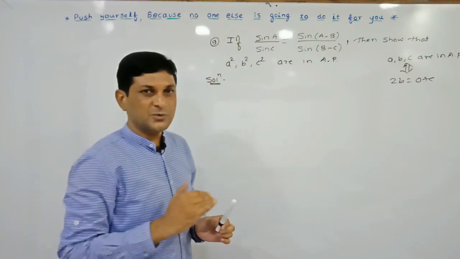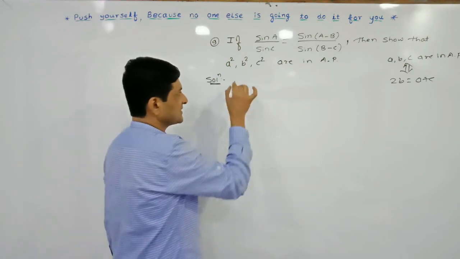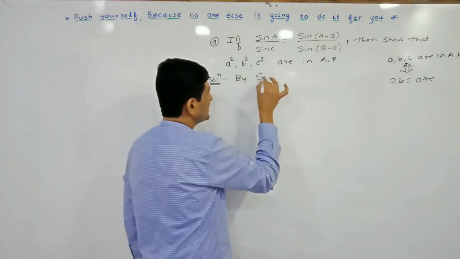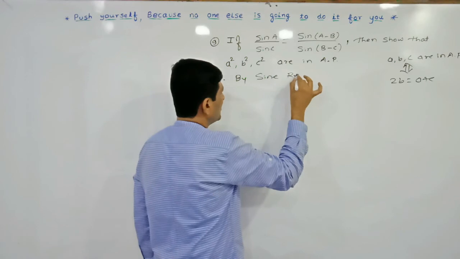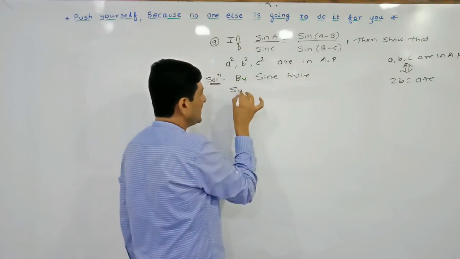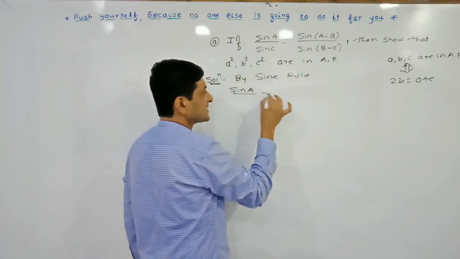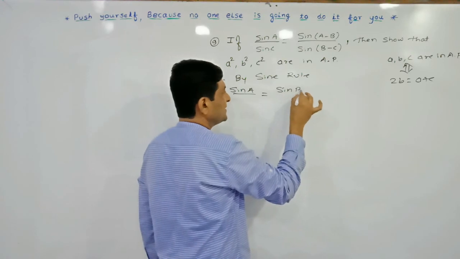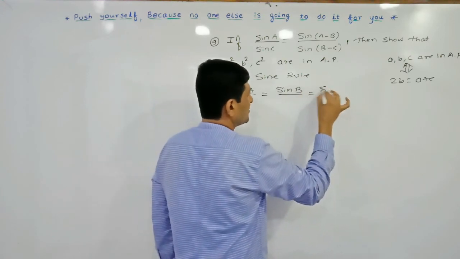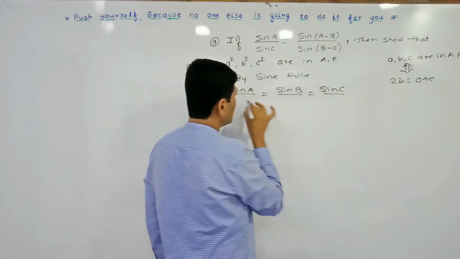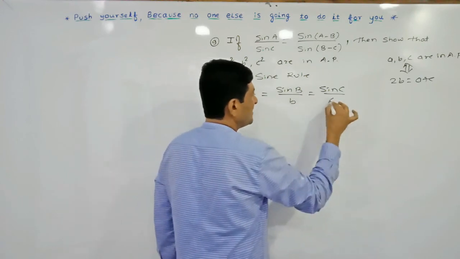So first write down the sine rule. By the sine rule, we write sin A, sin B, sin C in the numerator, because we have to convert this trigonometric equation in terms of a, b, c.